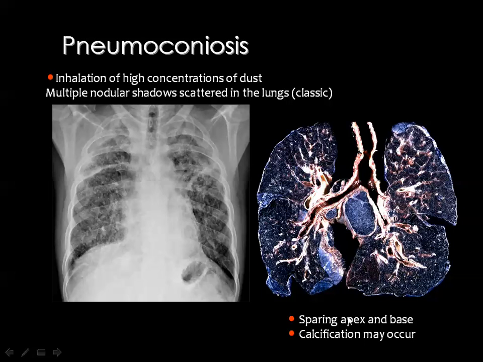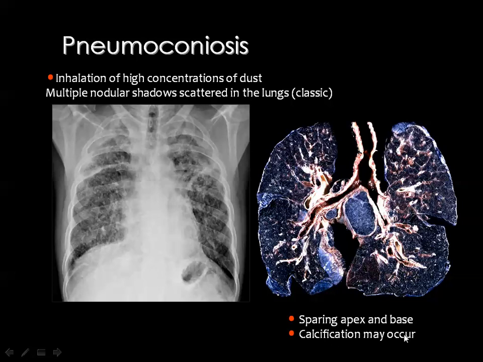Then we come to the pneumoconiosis, which means that there is inhalation of a high concentration of dust, which will lead to multiple nodular shadows scattered throughout the lung. They usually spare the apex and the base, and they may contain calcium.